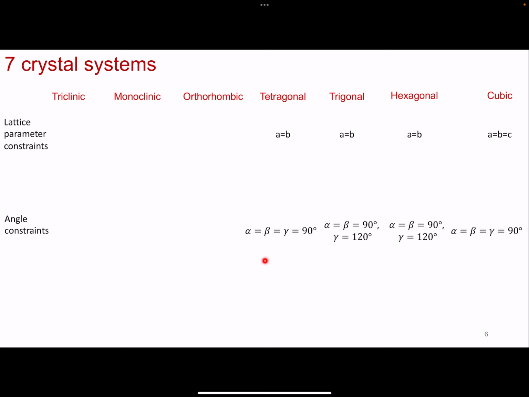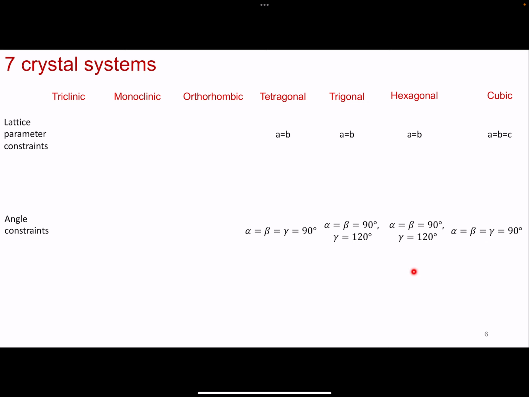And for the angle constraints, for tetragonal, alpha has to be equal to beta is equal to gamma, and all these angles have to be 90 degrees. Trigonal, gamma is 120, similarly for hexagonal, and then for cubic.